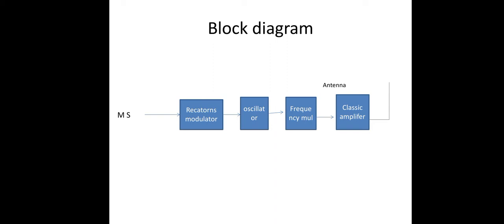Direct frequency modulation is only used for narrow band, with relatively small frequency deviations. This is the block diagram of the frequency modulation transmitter.